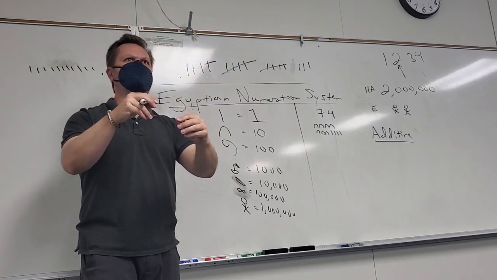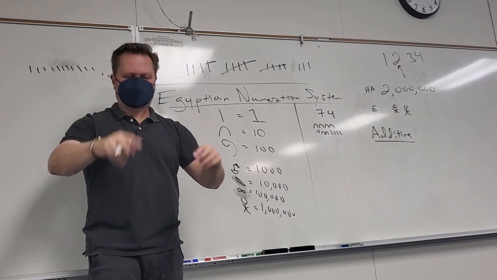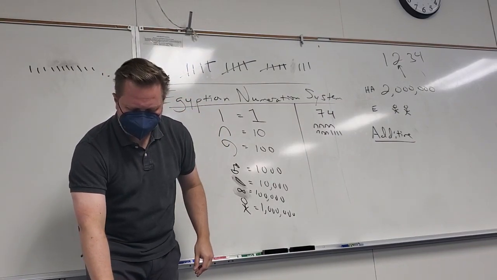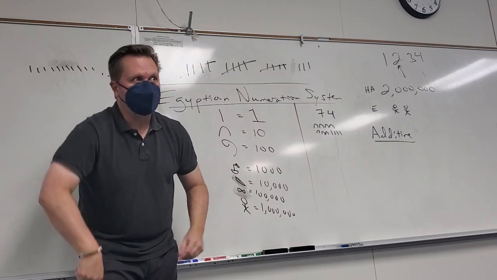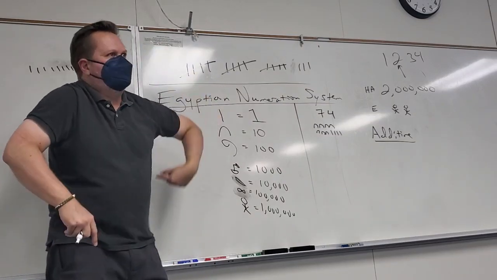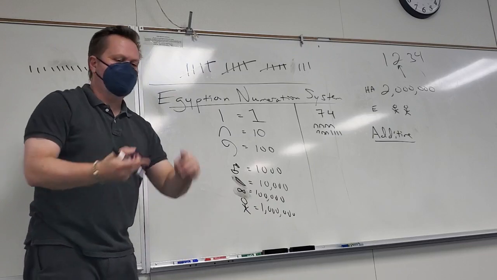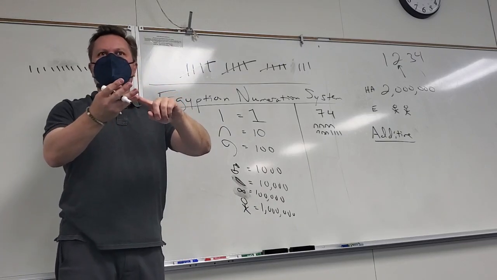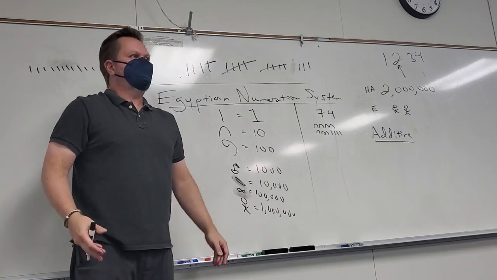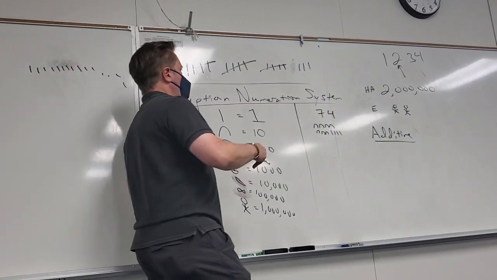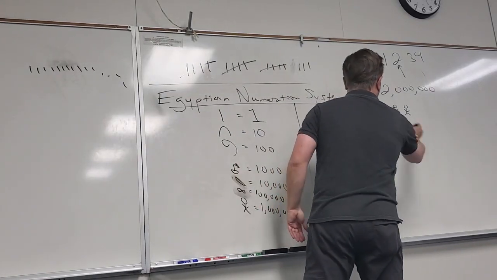There's actually a civilization, I think in Papua New Guinea, where the names of the numbers correspond to body parts. They start at the toes and count up one side, and then count down the other side of their body. So they look at us and they're like, that's cute. There's so many things that you could use, these joints and stuff, it's crazy. So this is an additive system.